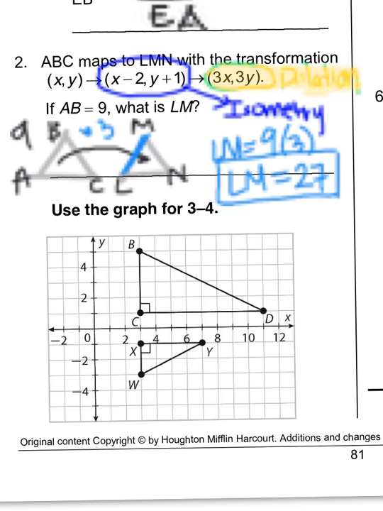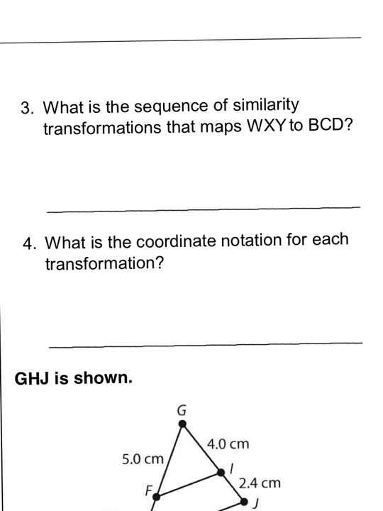For problems 3 through 4, we have to use the diagram below, which is triangle DBC and YXW. On problem number 3, they're asking us what series or sequence of transformations maps WXY to BCD. So that means WXY is our pre-image and BCD will be our image.